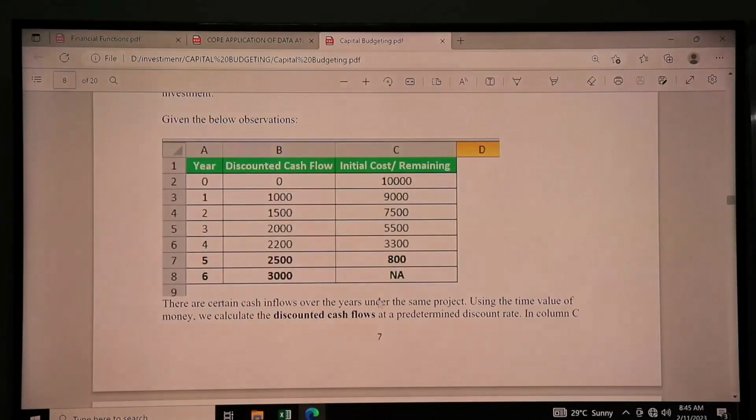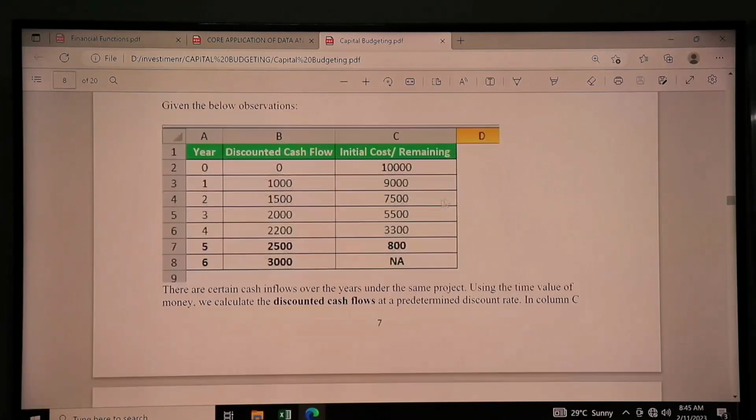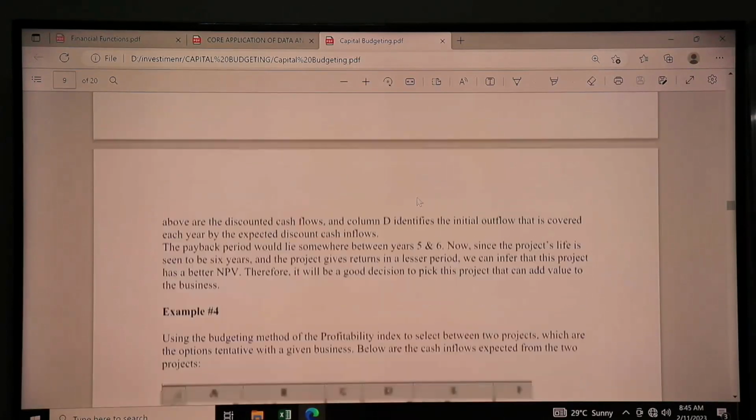Here we have certain cash flows over the years under the same project. Using the time value of money, we calculate the discounted cash flow at a predetermined discount rate, and in column C we have seen that.